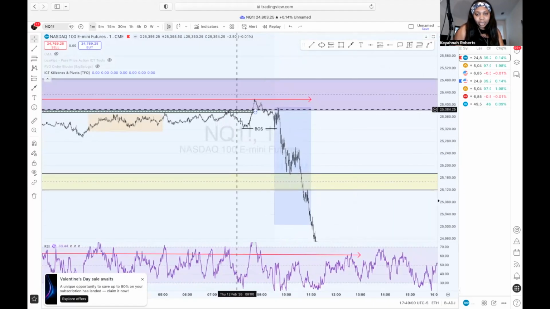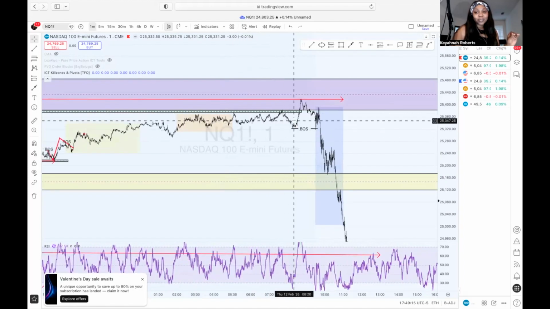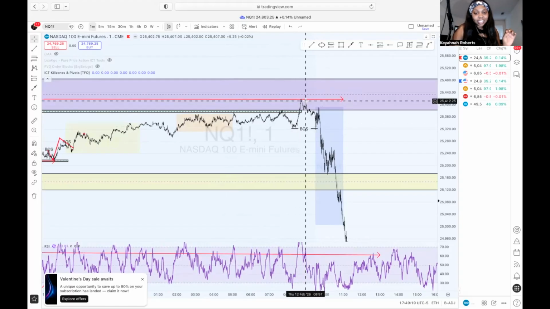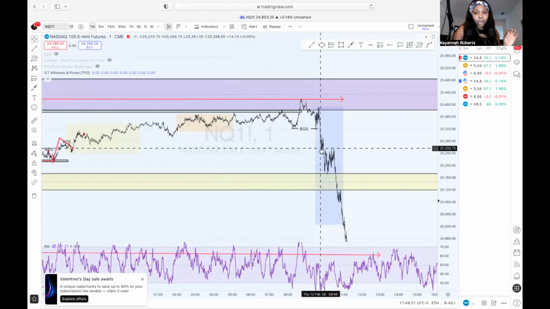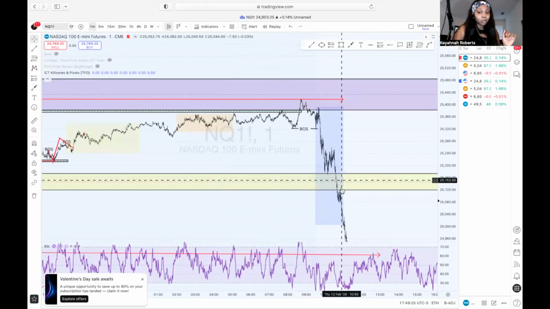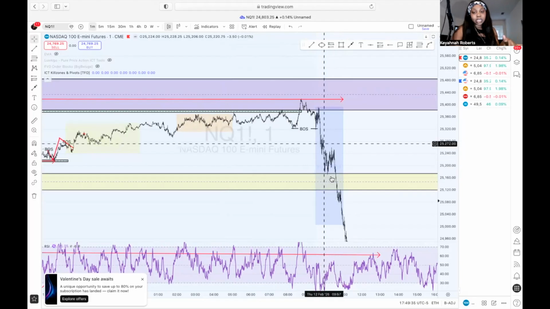So I had this here, I had this higher low, I had this higher low and then this higher high. So I was waiting for a break and then a retest. And then I was going to take the sell back down to this level of support here because again, we don't know if it was going to break it or not, just due to us consolidating there. So my initial bias was just going to take it down to this level of support.